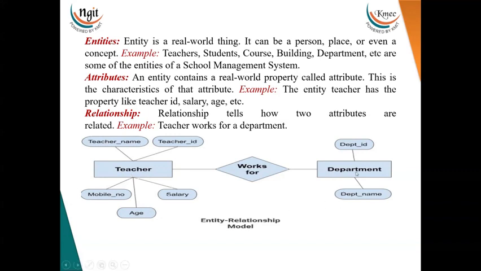Now, similarly, let us look at the other entity, that is department. Department is a real world entity which exists in the real world. This department can also be defined with the help of two more attributes: department ID, which represents every department in a unique manner, and department name.